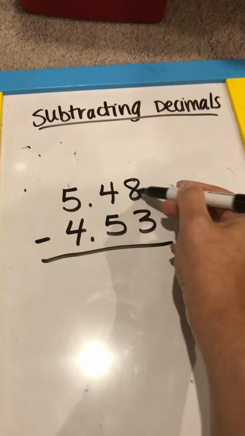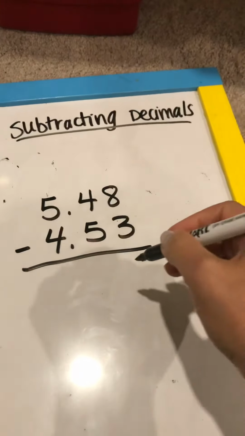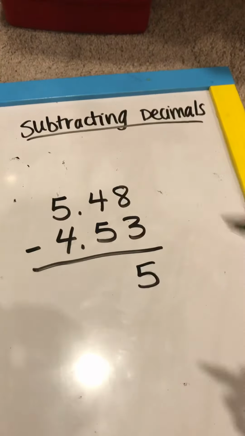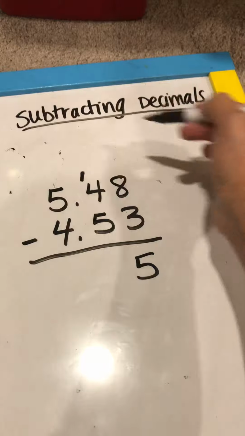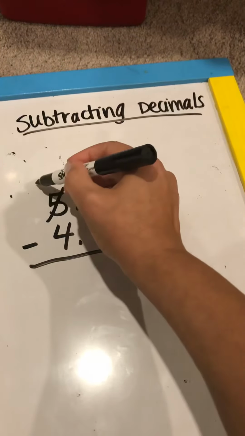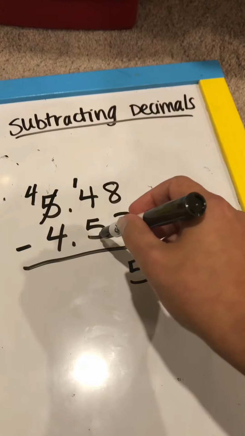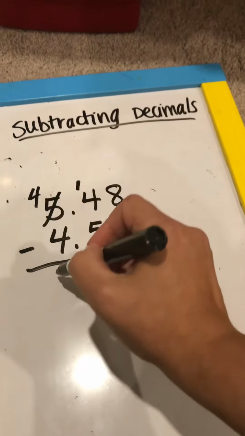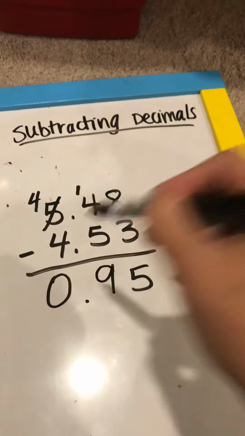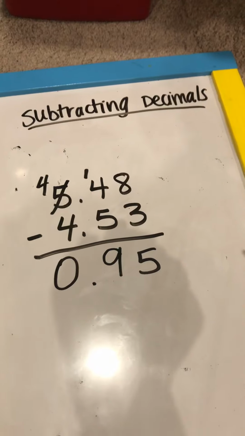I'm going to say 8 subtract 3 gives me 5, and I cannot take 5 from 4, so this is going to become 14. I'm going to borrow from my neighbor here. 14 subtract 5 gives me 9, and then 4 subtract 4 gives me 0. My answer is going to be 95 hundredths.